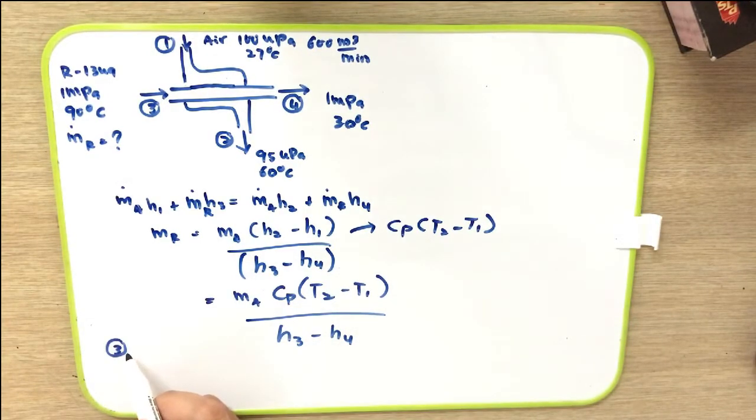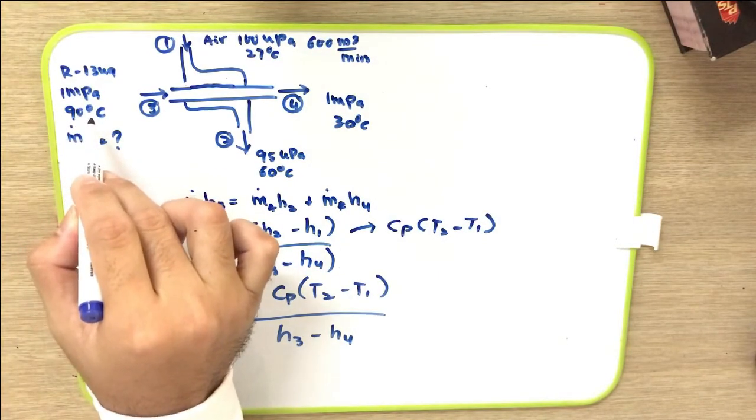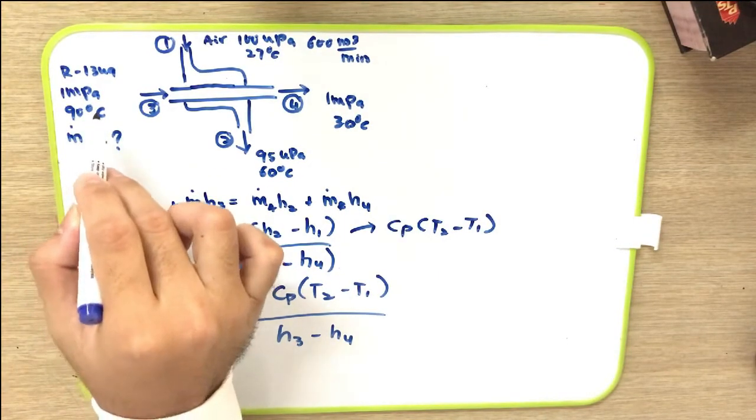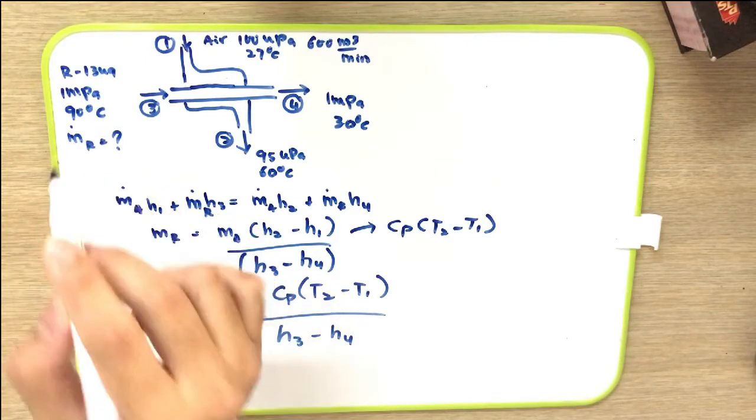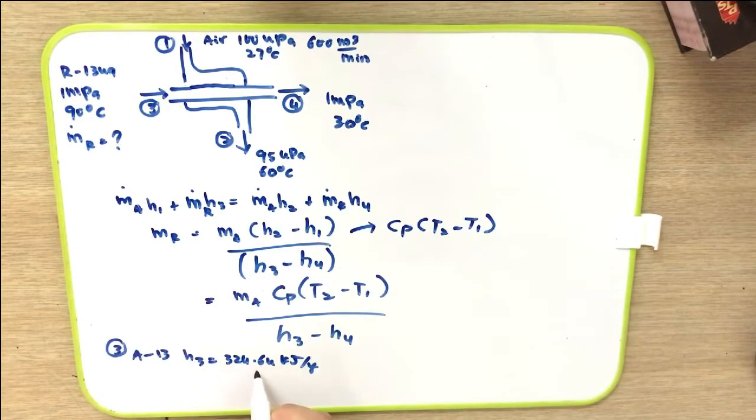At point 3, when we consider at 1 megapascal and 90 degrees C, we have found that the phase at this stream is superheated. So from table A13, we can find that H3 is equal to 324.64 kJ per kg.